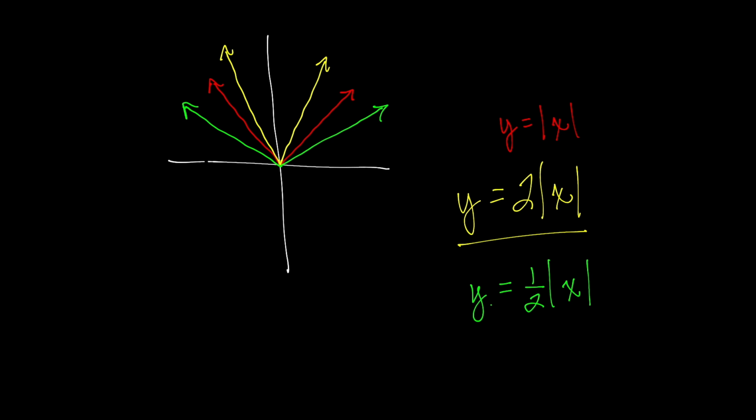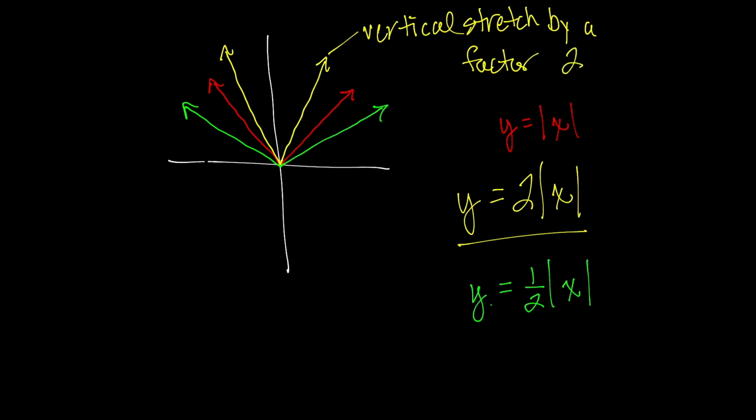So I'm going to pencil that in here. This is called a vertical stretch. And we would say it's a vertical stretch by a factor of 2. The different books call it different things. Like this green function could be called a shrink. It's like you're compressing it this way on the y-axis.